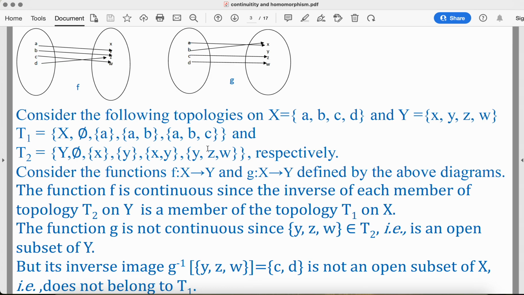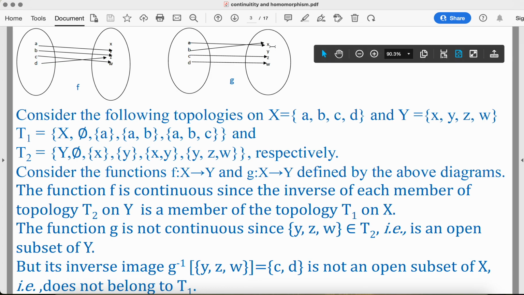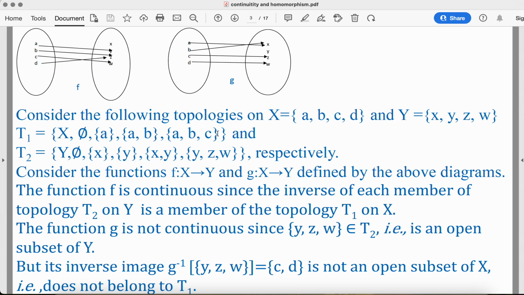This is an open subset of Y. But the inverse image of {y, z, w} is {c, d}, because c goes to z and d goes to w. So the inverse image of {y, z, w} is {c, d}, but {c, d} does not belong to T1. It means the function g is not continuous because the inverse image of {y, z, w}, which is {c, d}, is not an open subset of X, meaning it does not belong to T1.